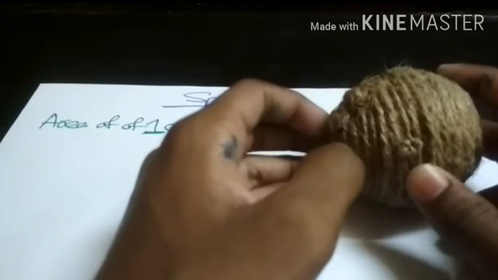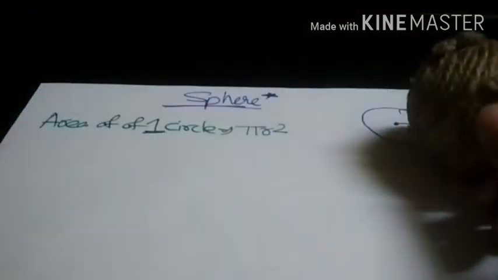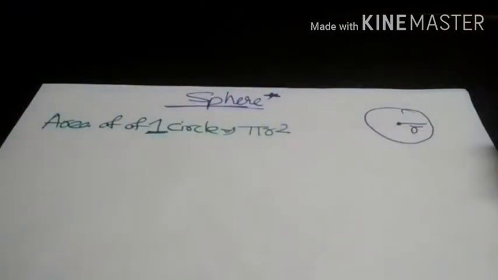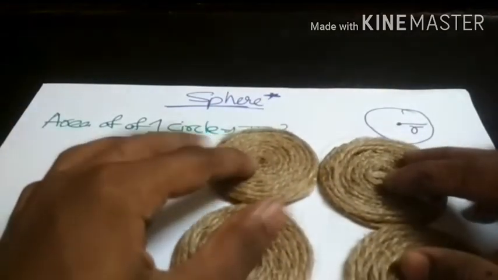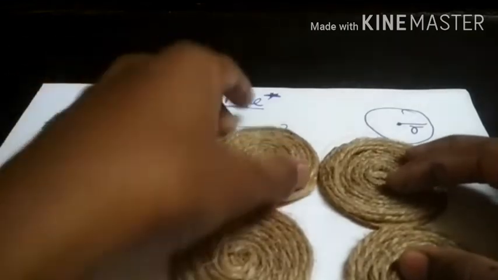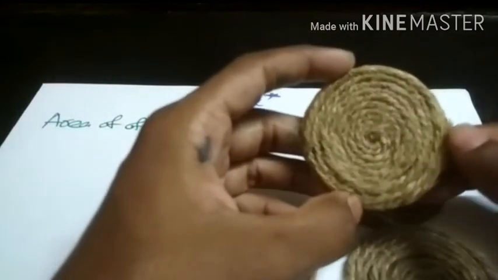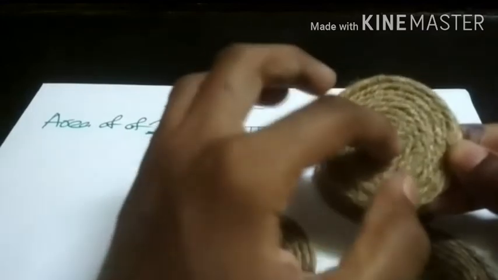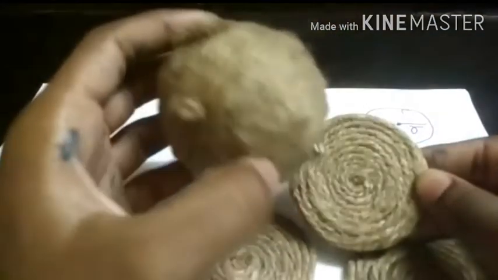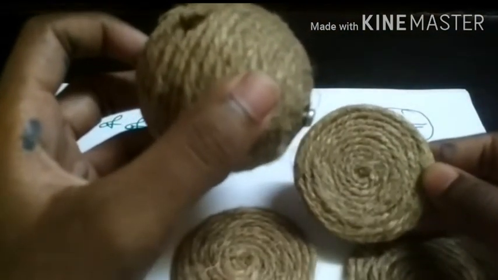I cut the rope into 4 equal parts so that I can coil the rope into circles, that is 4 circles. The rope came exactly onto the 4 circles, so we can find the surface area of a sphere by this only.